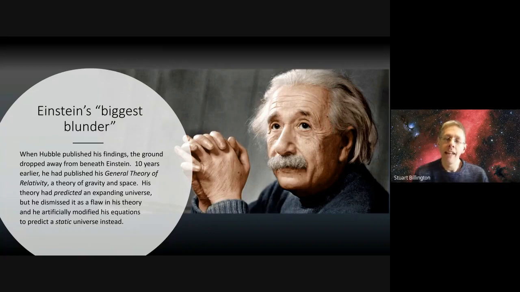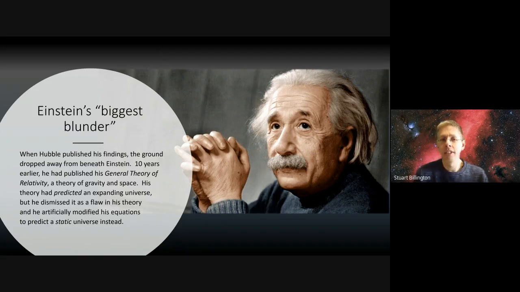Because 10 years earlier, Einstein had become the greatest genius on the planet, the most famous scientist on the planet, by publishing a theory of gravity and the universe, which he called the general theory of relativity. And before he published it, he had to fix a flaw in it.